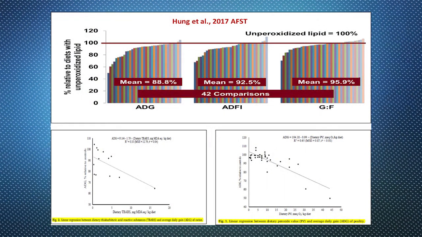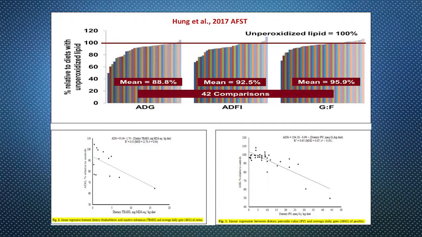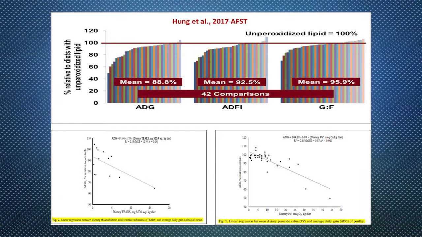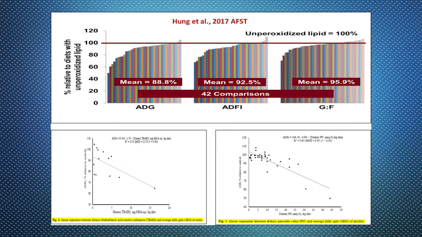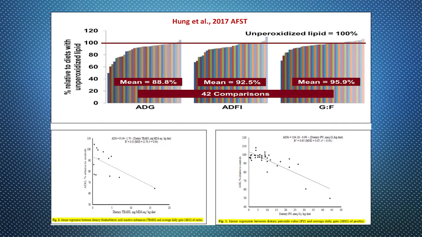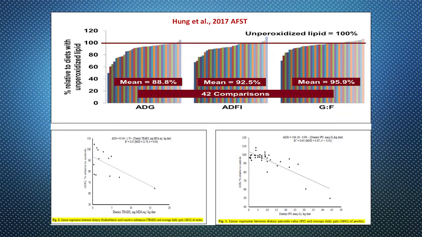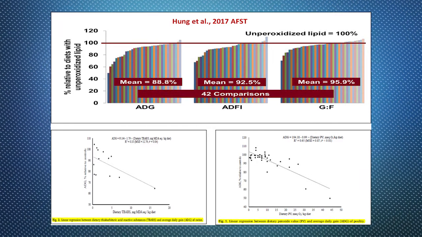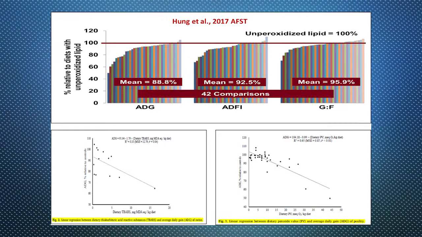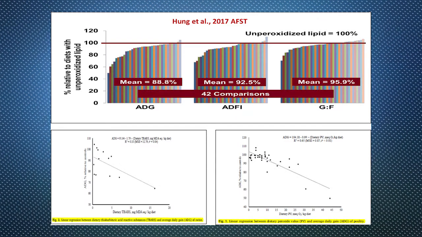Here's their data set. The top is just individual comparisons. The bottom is really the correlations in poultry and swine. In terms of swine, the regression was with T-bars. So a change in T-bars affected performance. In poultry, it was peroxide value affected with performance.